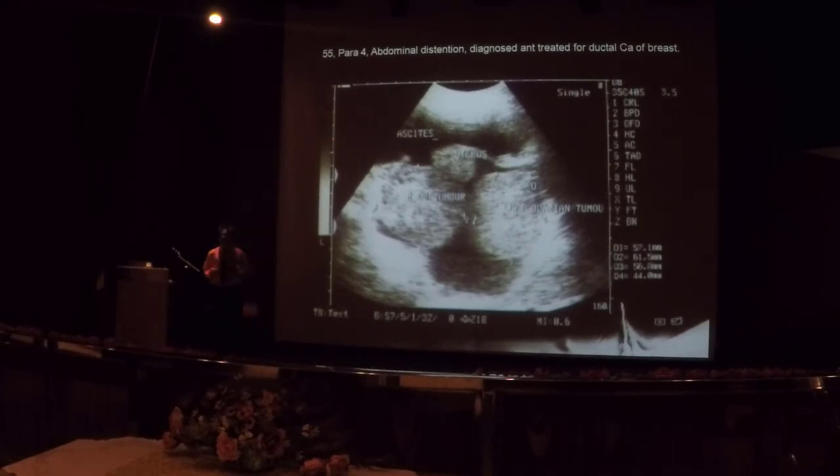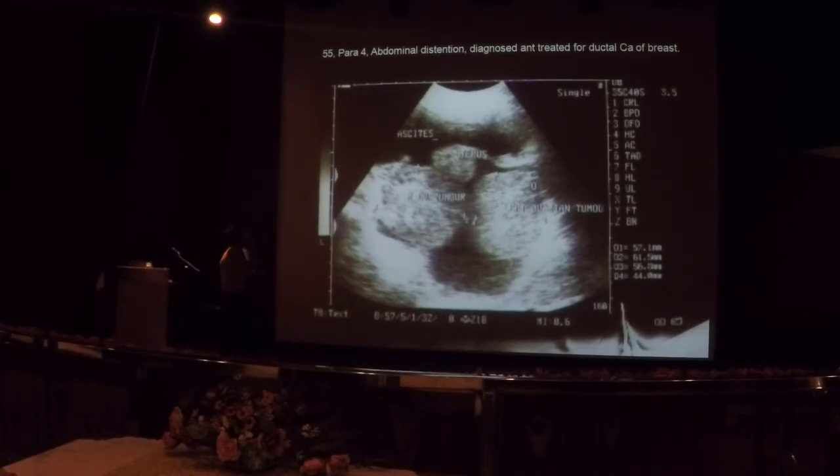This kind of appearance is classical for Krukenberg tumor. Even without the history, seeing this, the first thing is to make sure it is not Krukenberg tumor. Krukenberg tumor is basically a metastatic tumor to the ovary. The ovary becomes the victim of cancer from somewhere else. In this case, from the breast.